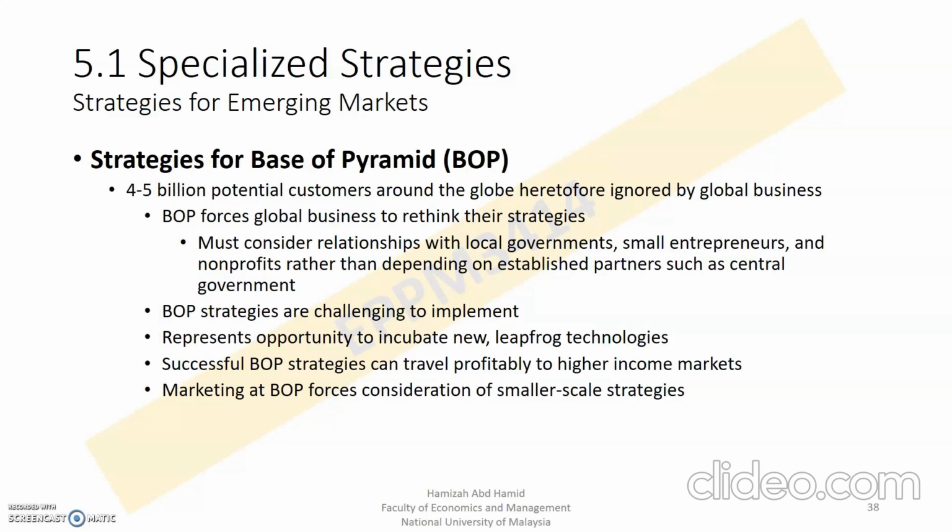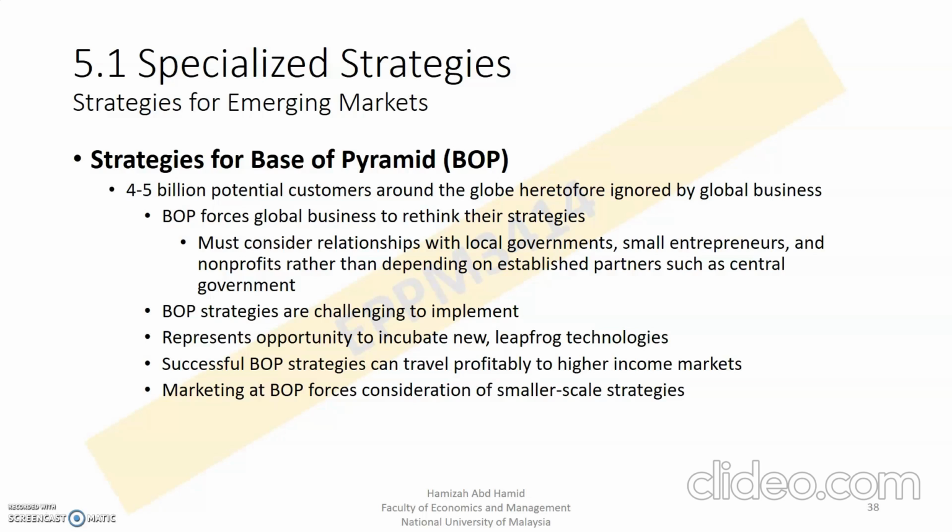The next strategy is base of pyramid. Why? There are 4 to 5 billion potential customers around the globe, but many of them are mainly ignored by global businesses. The base of pyramid market forces global businesses to rethink their strategies.